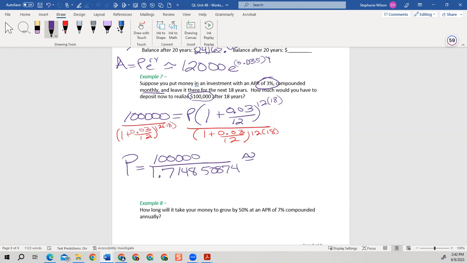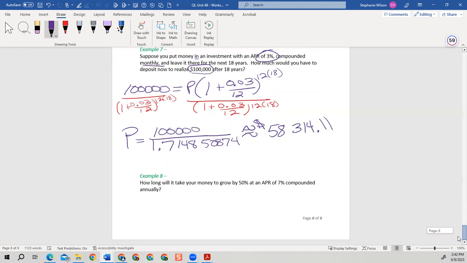And I'm going to round here. I get $58,314.11. I would have to deposit today in order to have that 100,000 at the 3% interest rate, compounding monthly for the next 18 years.